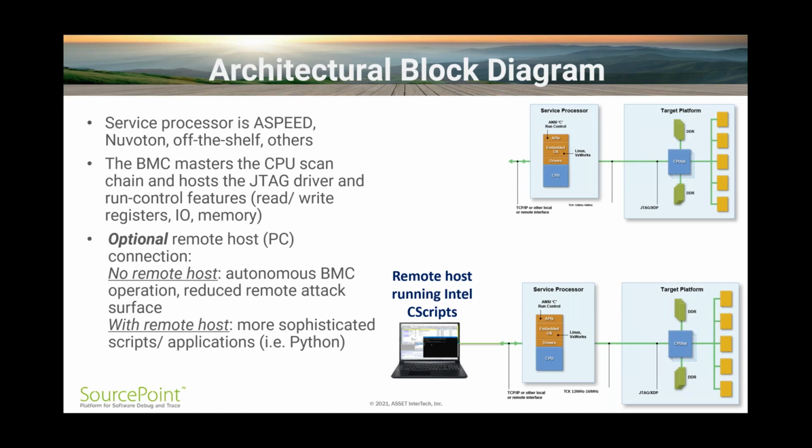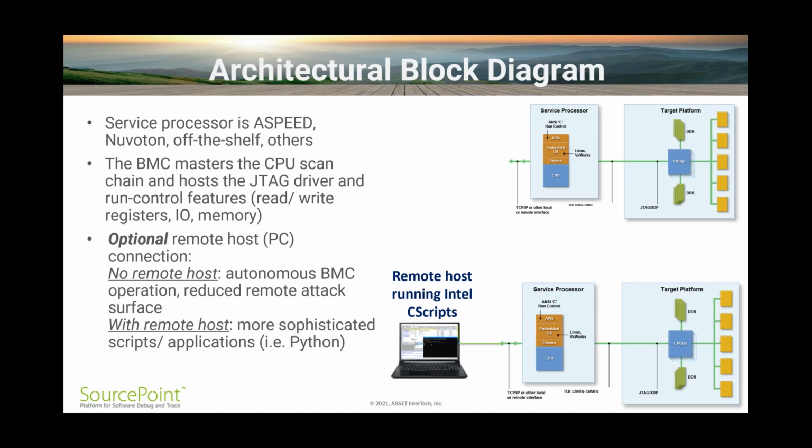The green line shows the connection to the CPU scan chain, and that run control firmware I was talking about is the thing that initiates the debug functions, which manifest themselves in terms of being able to read and write all architecturally visible registers, memory, and I/O.